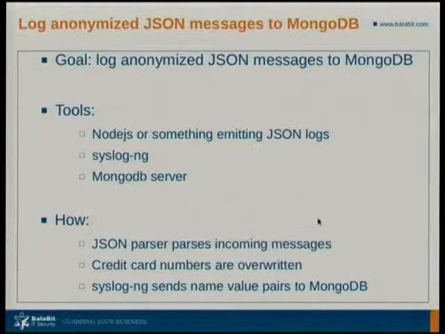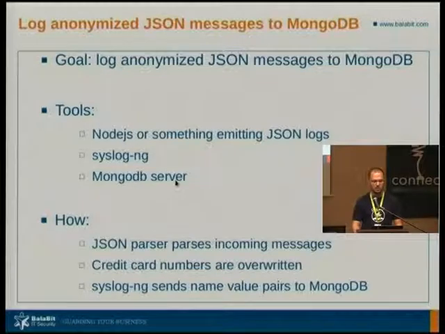The next use case I would like to talk about is logging anonymized JSON messages to MongoDB. For that, one needs log messages in JSON format, like from Node.js or Tomcat or just about any application. Of course, one needs syslog-ng and the MongoDB server.